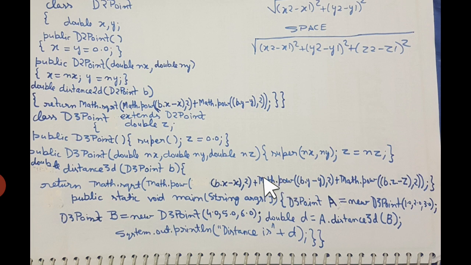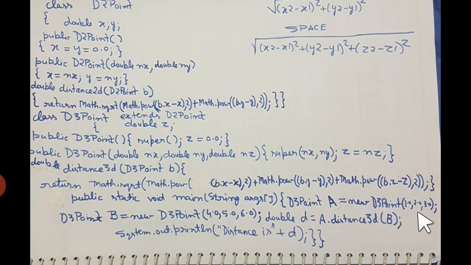Okay. Now, how to implement this? The question doesn't ask you to write the main function, but just to give you a better understanding, I am writing it: public static void main(String args[]). Here you can see we first have to create two points, one is D3Point a, the other is D3Point b.